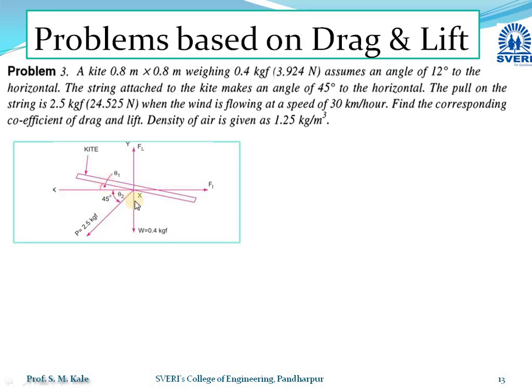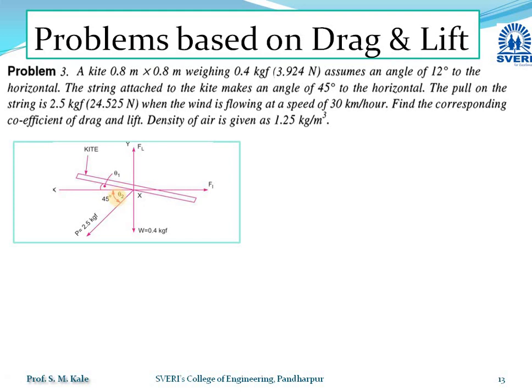Now that kite is connected with the string. So this is the string which is attached to that kite, and that string makes an angle of 45 degree with the horizontal. That means this angle theta 2 is nothing but 45 degree.